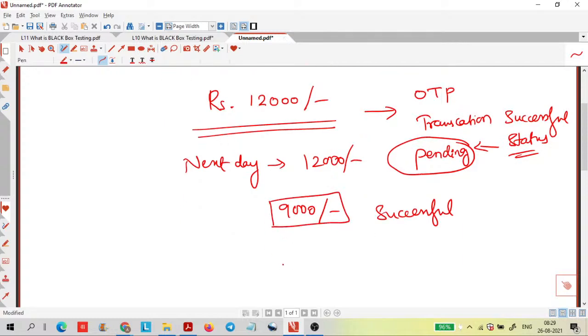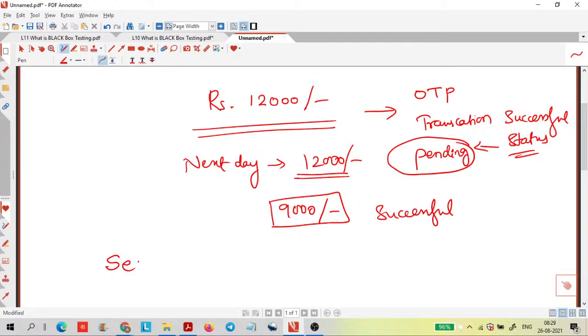Okay, the next day I tried again for this 12,000. Again it was showing the status as pending. So I searched on the internet to find out why this was the problem.